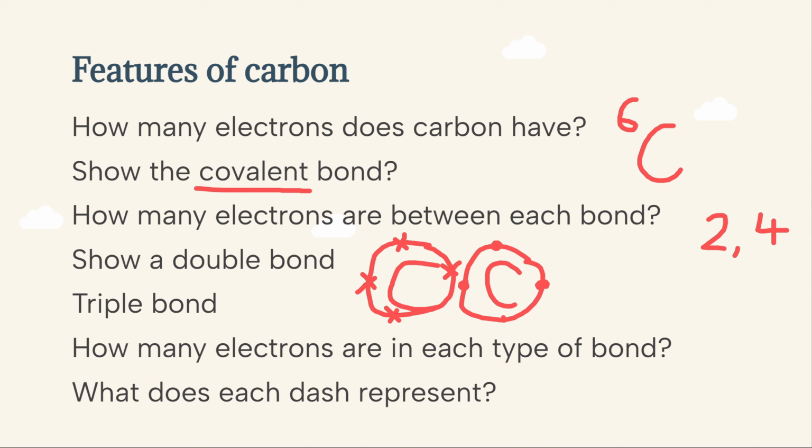Now when it comes to covalent bonding, you're sharing electrons. You're not losing, you're not gaining, you're sharing. While one is somewhat giving its electron away, it still has the electron. While this electron is being shared, it is still considered to be on the carbon.